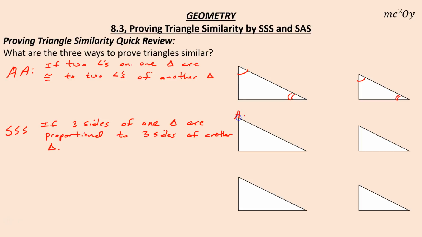All right, so let's say we have A, B, C, D, E, F. We can say, well, if AB is to DE as AC is to DF as CB is to FE.